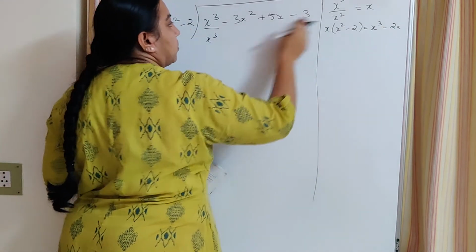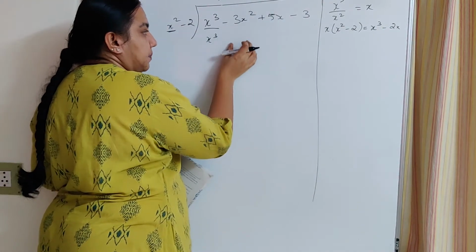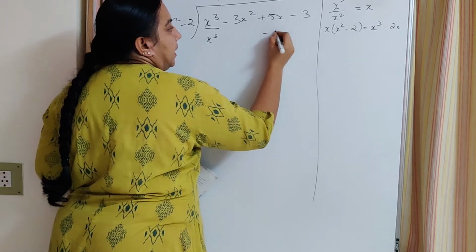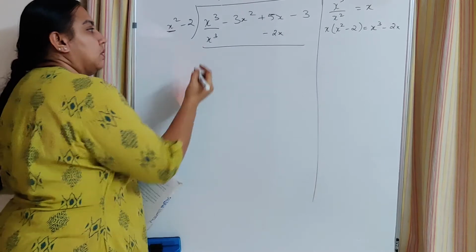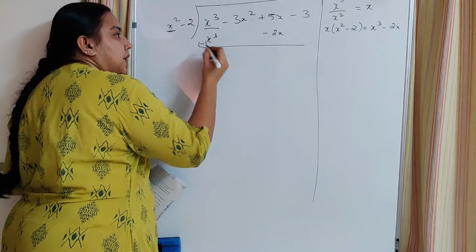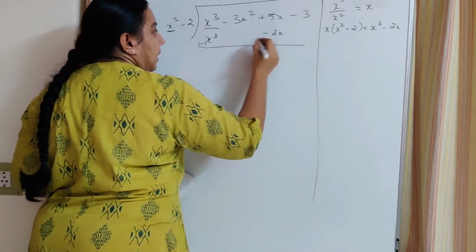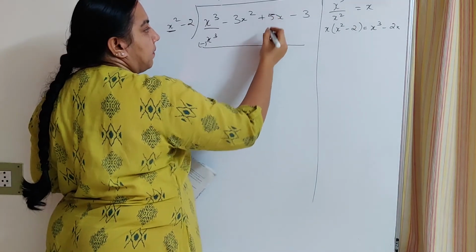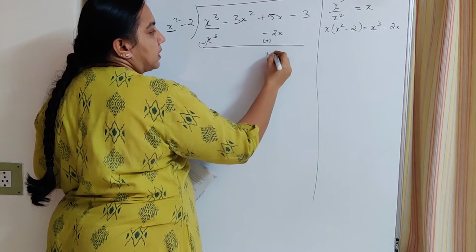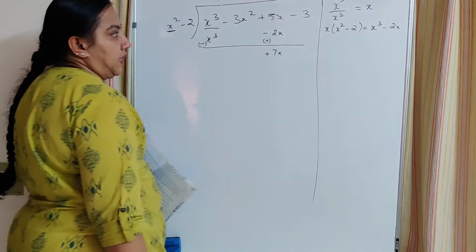The second term is minus 2x, not an x square term, so I am leaving a space here and writing minus 2x. Then it is going to be subtraction, so as it is subtraction, I am changing the symbol. This term gets cancelled. Remaining this term, plus 5x plus 2x, so it sums up to be plus 7x.